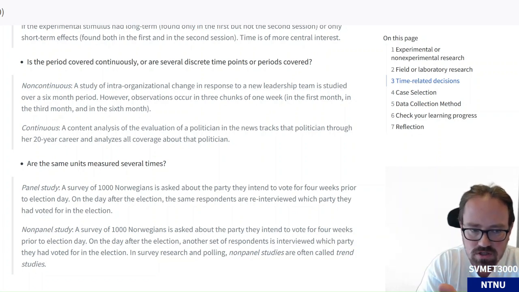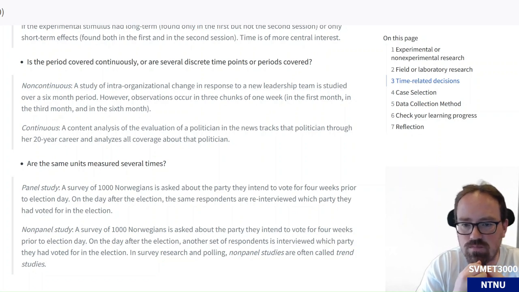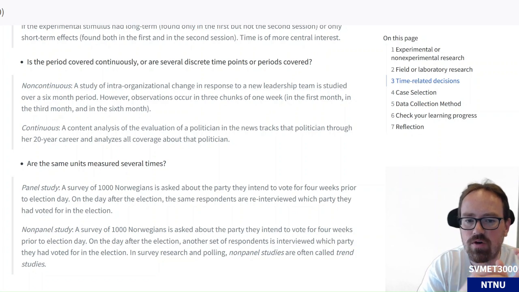Example of a non-continuous study would be a study of intra-organizational change in response to a new leadership team that is studied over a 6 months period. However, the observations occur in 3 chunks of just 1 week. So 1 week in month 1, 1 week in month 3, and 1 week in month 6.